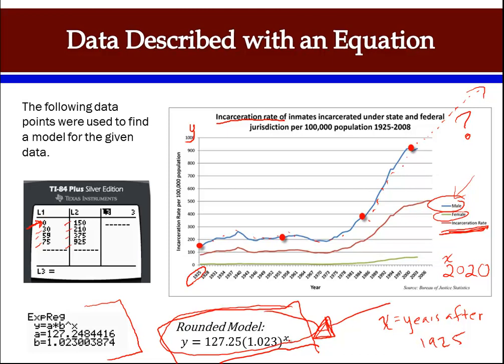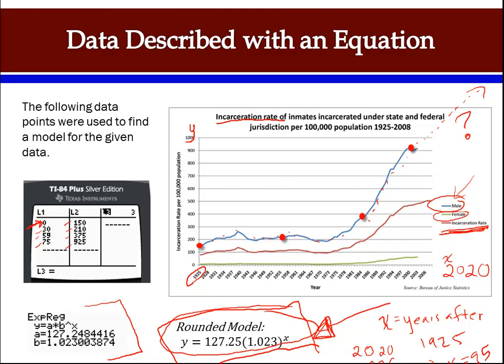So if for a certain year X, for example, if I want to know the year, let's see, we went all the way to 2000. This is 2008. Let's say I want to know, let's do 2020. If I want to know the predicted number of inmates in 2020, I need to subtract these to get X is 95.